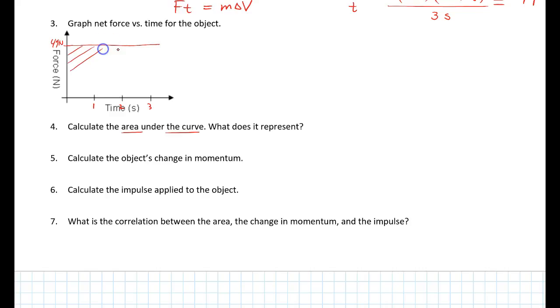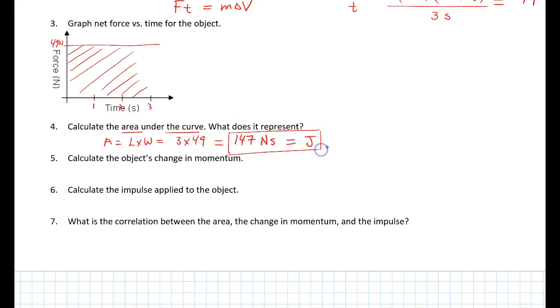We're looking for this area right here. The area is equal to length times width, or 3 times 49, and that's 147 Newton seconds. This represents the impulse.